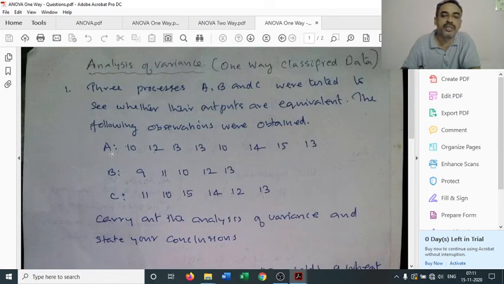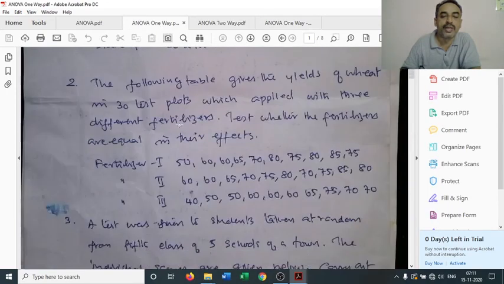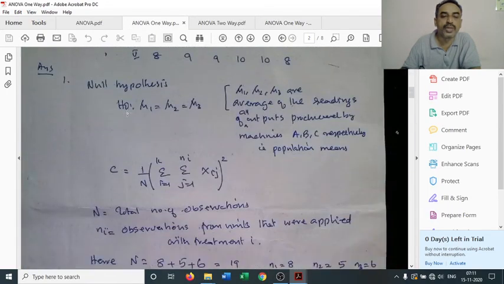So there are three processes. Therefore, we set the null hypothesis as H0: mu1 equals mu2 equals mu3, where mu1, mu2, mu3 denote the averages of the processes A, B, and C.